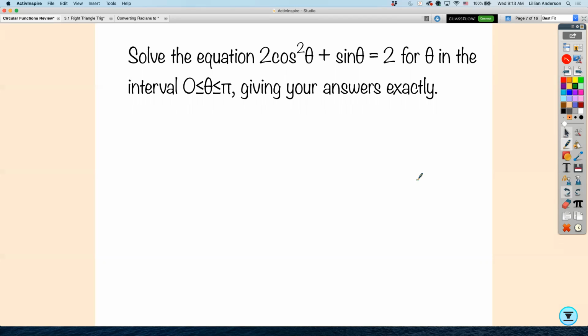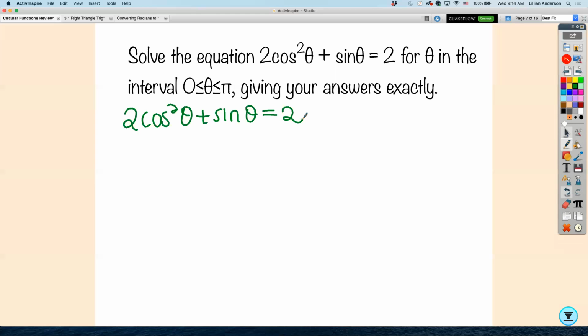So 2 cosine squared theta plus sine theta is equal to 2. To refresh your memory, whenever you have mixed trig functions, one of the ways that you could solve this is to get it in terms of one trig function, right? Since you have a normal sine theta, you might want to see if you can turn that cosine squared theta in terms of sine theta.